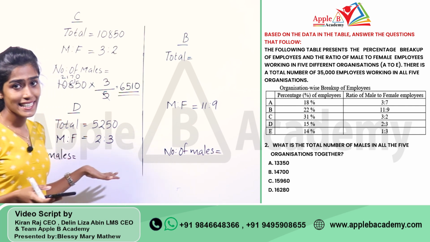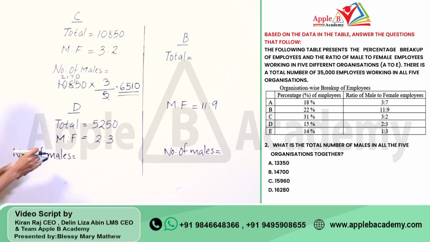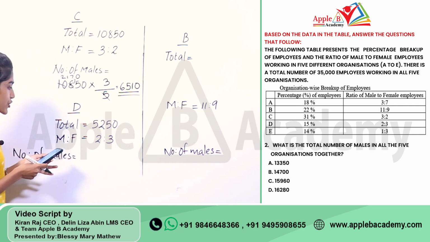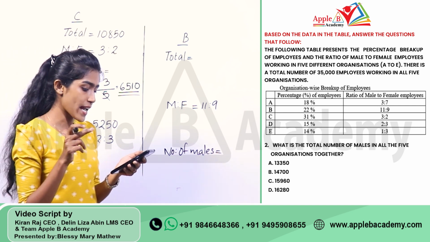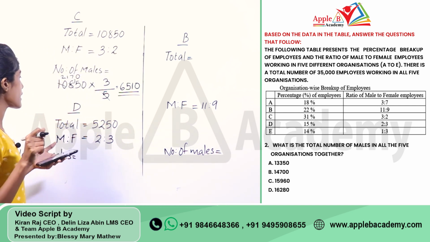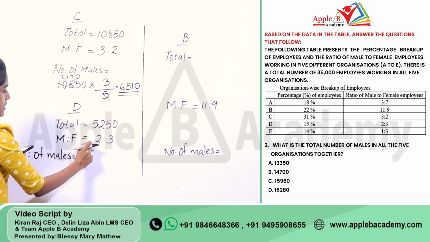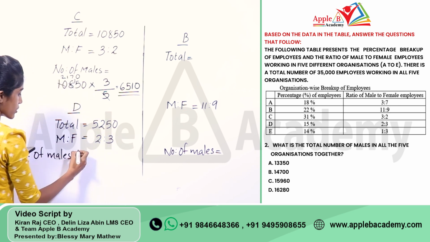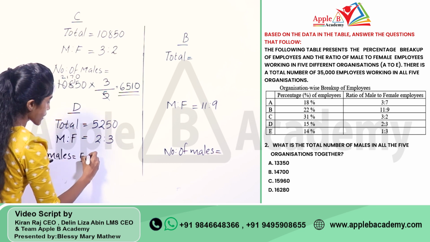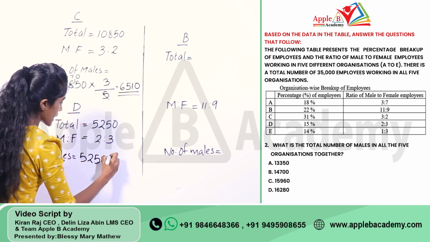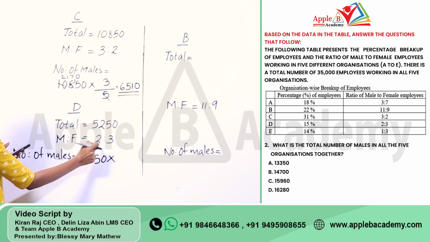Likewise, if you consider organization D, the total number of employees is 5,250. We have already calculated it in the previous question. And the male-female ratio given in the data is 2:3. Right. So likewise, you need to do it like this. 5,250 into male is to female 2:3.